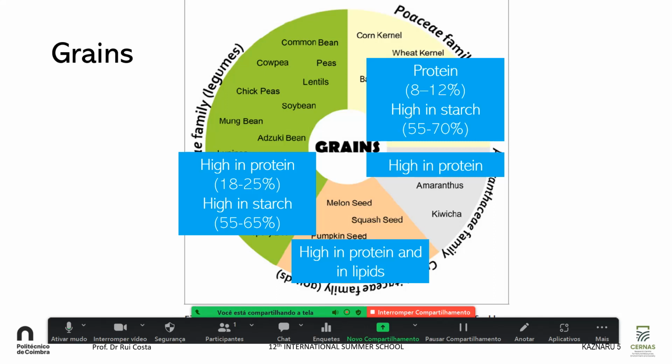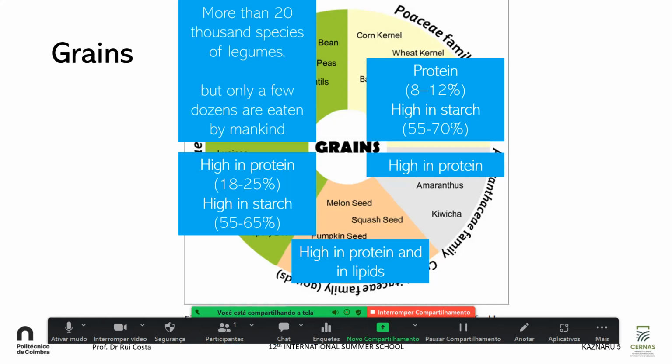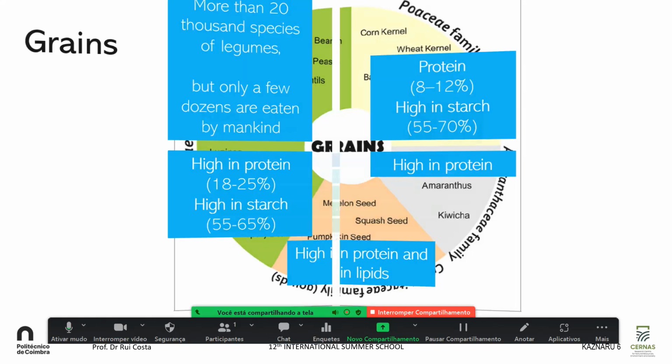But anyway, if you keep this idea that legumes have around 20% of protein and 60% of starch, it is something already good to identify the difference from the other grains. And just one note here is that there are more than 20,000 species of legumes, but only a few dozens are eaten by mankind. This is something curious.